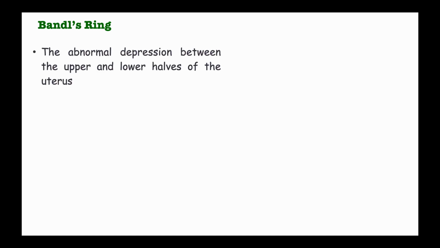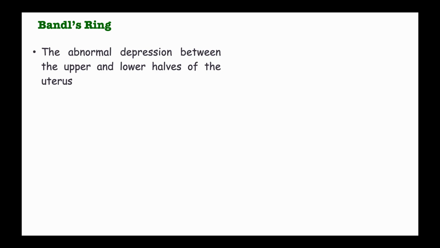Now, when labor prolongs and there is excessive opposing muscle action between the upper and the lower uterine segment, then there is the creation of a depression between the upper and the lower halves of the uterus at about the level of the umbilicus, which is usually visible on inspection, and also we can palpate it.